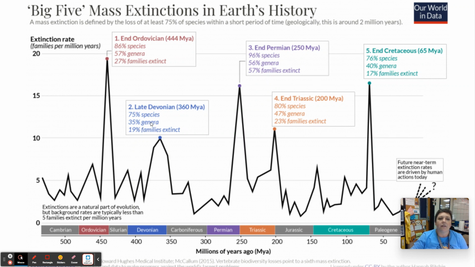So that's how they're defining this. Like if a certain number of families go extinct, so if we get above this line, I believe, 10 families per million years, it's a lot. It doesn't sound like that much, but it is a lot.